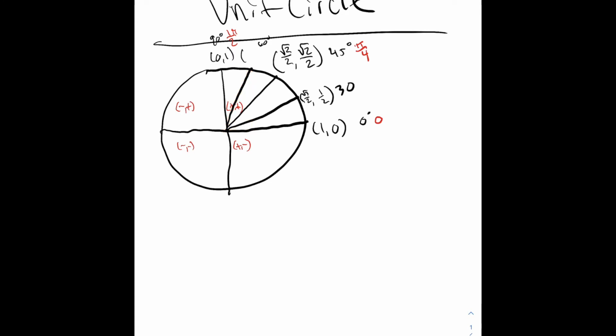So the x is going to be the smaller value and the y is going to be the larger value. And so again, this would be pi over 6. This would be 2 pi over 6, but 2 over 6 gets reduced to 1 pi over 3. So I usually just look at one quadrant and then I'm able to work from there.